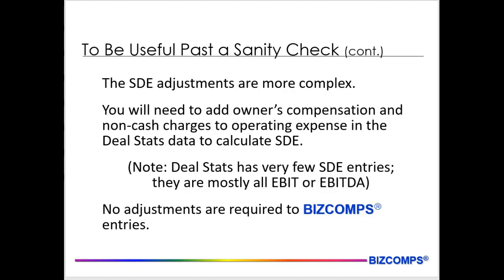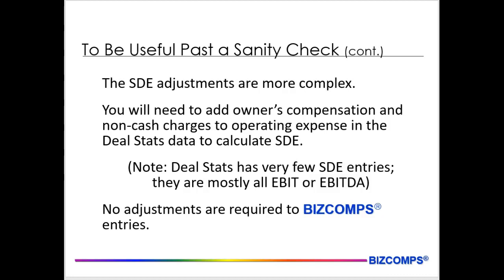However, you can convert an EBIT or EBITDA transaction to an SDE calculation by adding depreciation and amortization if you're using EBIT, or by taking the EBITDA calculation and adding in the compensation to the owner, including non-cash charges, and add those expenses to the deal stats data in order to properly calculate SDE for it to be equivalent to the BIZCOMPS calculation of SDE. With BIZCOMPS, there's no adjustments necessary for those entries. And deal stats does have some entries that are SDE. They just don't have as many of them.